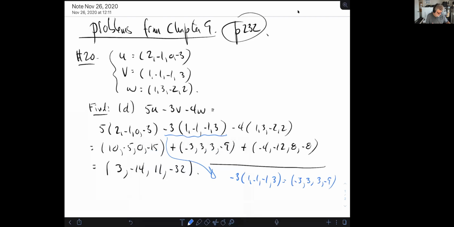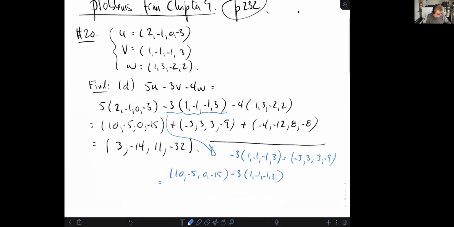So I've got (10, -5, 0, -15) minus 3 times (1, -1, -1, 3). This is the same as (10, -5, 0, -15) plus minus 3 times (1, -1, -1, 3).